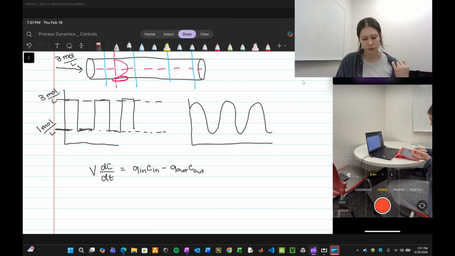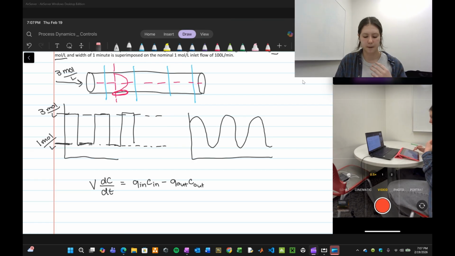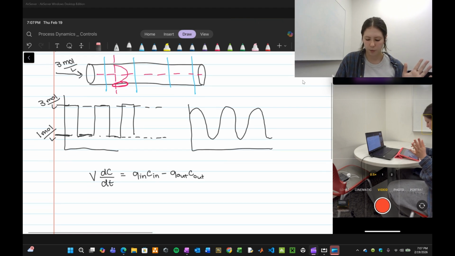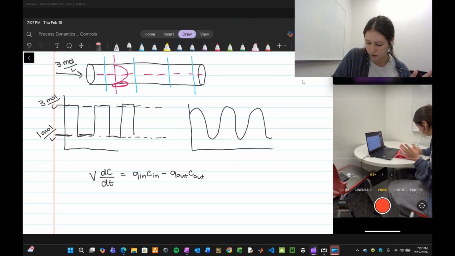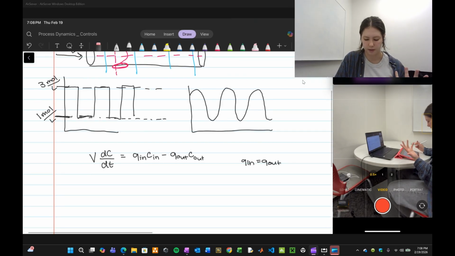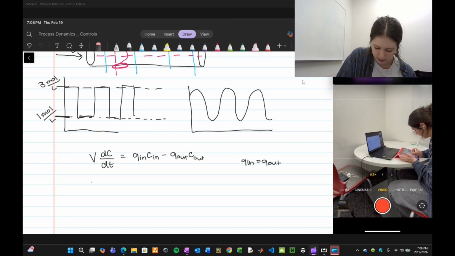But when we look at this PFR, there's no accumulation, there's no consumption. The flow rate is really going to be staying the same, so we can say that our Q in is equal to our Q out. So we can rewrite this material balance here.